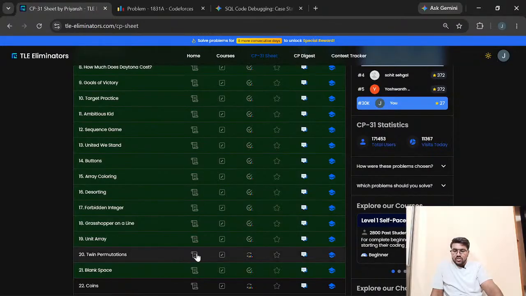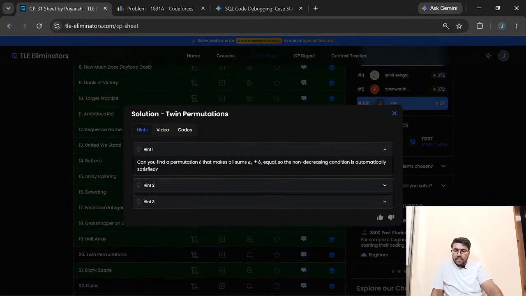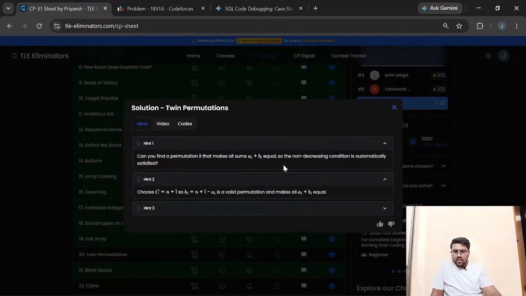I think I am very close. Can you find a permutation B that makes all the sums satisfy the non-decreasing condition automatically? No, it is not satisfying. I tried it. The increasing order is not satisfying it. Choose c equals n plus 1.